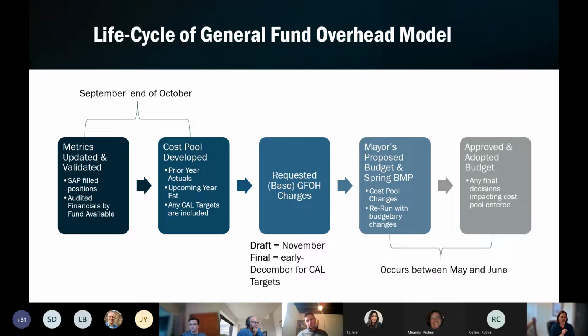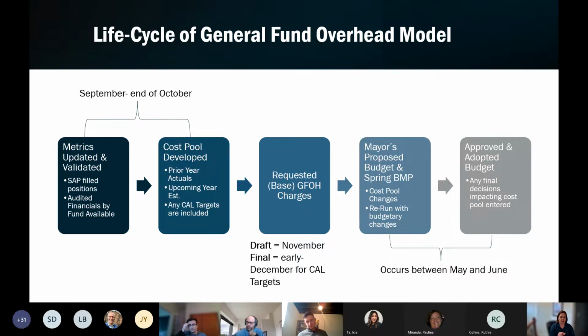The second item is spring bump carryover. So if there are carryovers in the program in general fund cost pool bureaus that are approved in the spring bump, those generally are timed to be incorporated with the mayor's proposed budget, and those then become a one-time carryover into the cost pool.